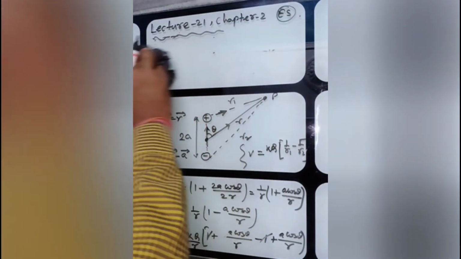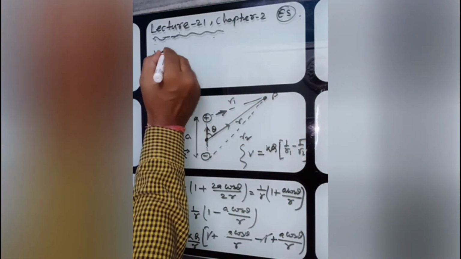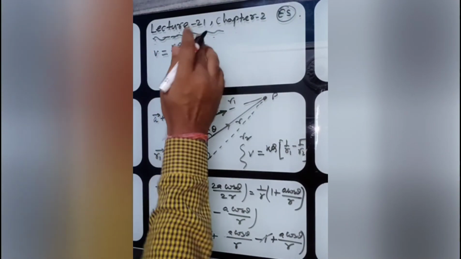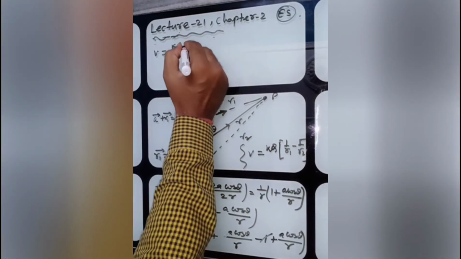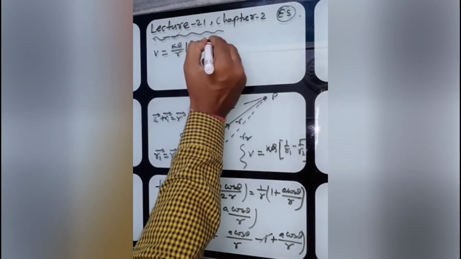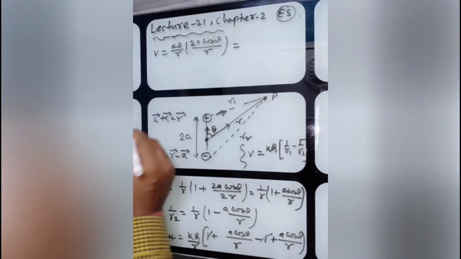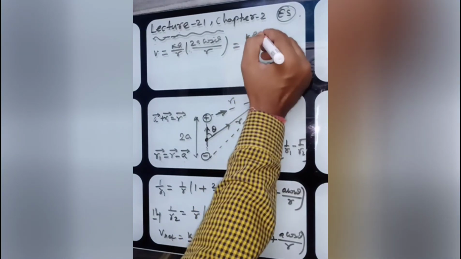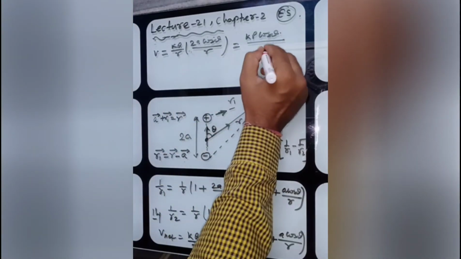Finally we have here, even I can rub this diagram also, V net kq by r times twice a cos theta by r, or this q times 2a can be written as the p, so kp cos theta over r square.